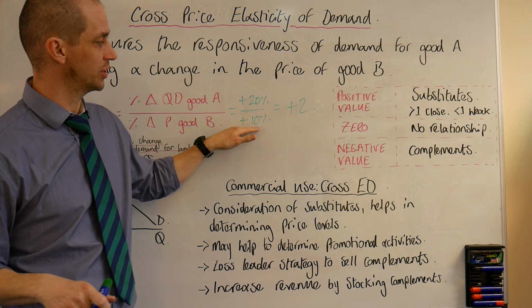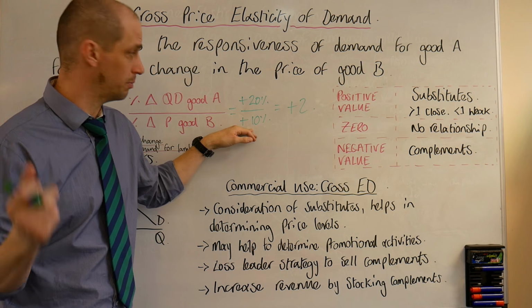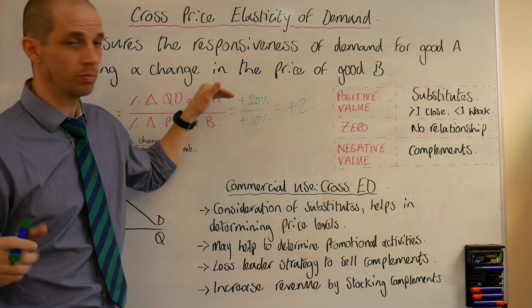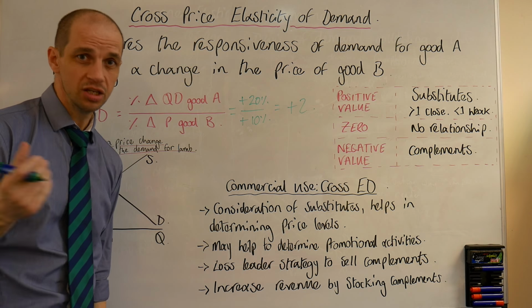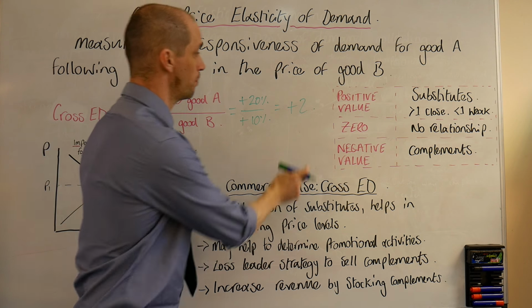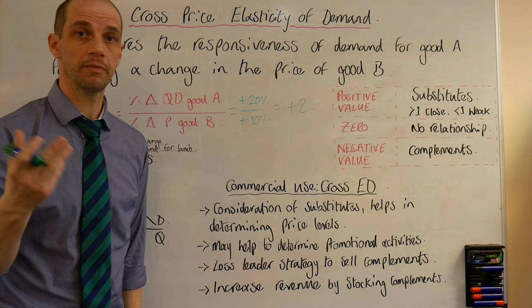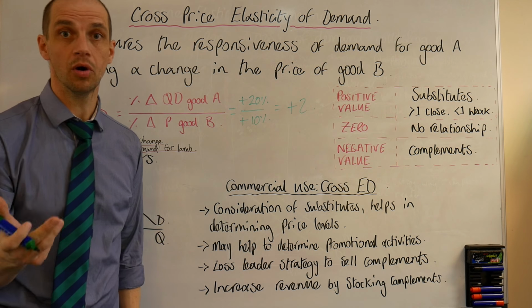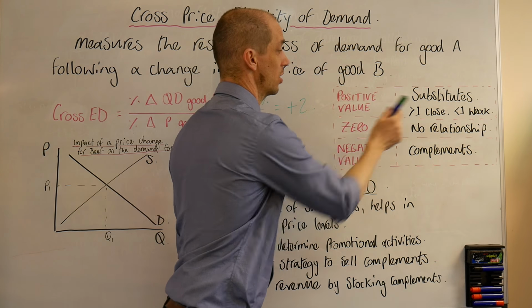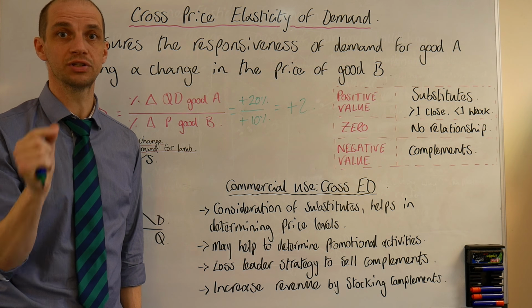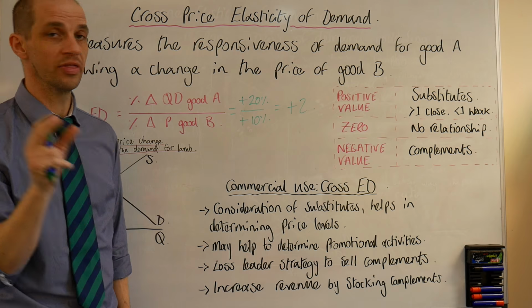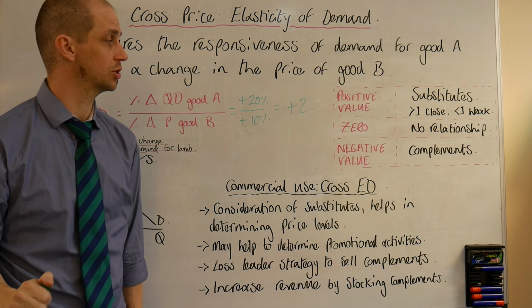So if beef prices went up by 10% and demand for perhaps chicken increased by 5%, then you'd see obviously a 0.5 cross elasticity of demand, and that would suggest that they are likely to be weak substitutes. There is a degree of substitutability, but they are not really close substitutes.